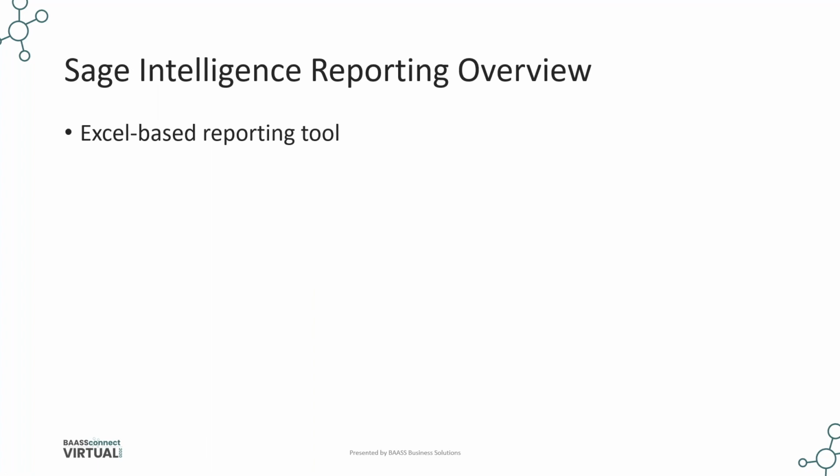So for those of you who are not familiar, Sage Intelligence is an Excel-based reporting tool that connects to our Sage ERP system. And for most of us, that would be Sage 300. So Sage Intelligence connects to the database of our Sage ERP or accounting system.